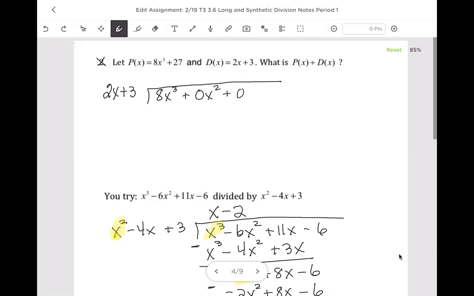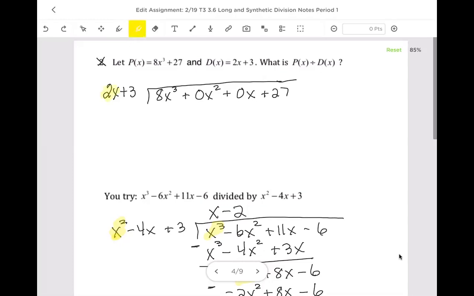There is no x term, and then 27. So in that place, I've put 0x squared and 0x. And I'm not sure if I gave you one of these on Delta Math or not, which is why I'm going over it. I have not altered the original p of x because 0x squared is 0 and 0x is 0. But you're going to see why it's necessary to put them in when we do the long division. Okay. All right. So 8x cubed.